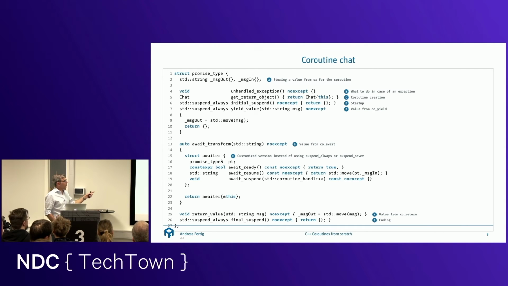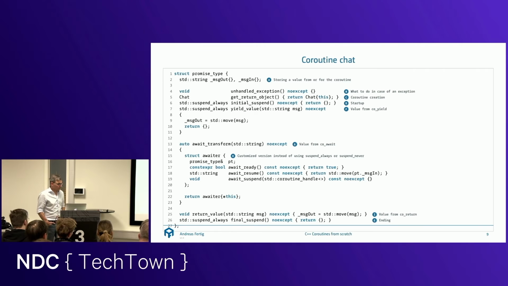The only difference between yield value and return value is return_value does always return void, because it's nothing where the coroutine suspends, and you have the ability to say suspend always or suspend never at this point. So what I'm doing here, I store the received value in msg_out.